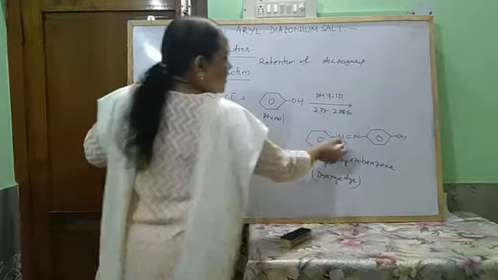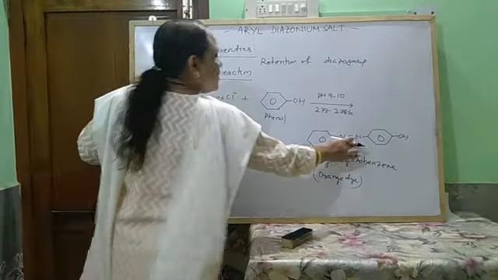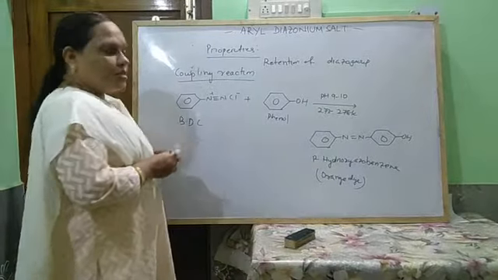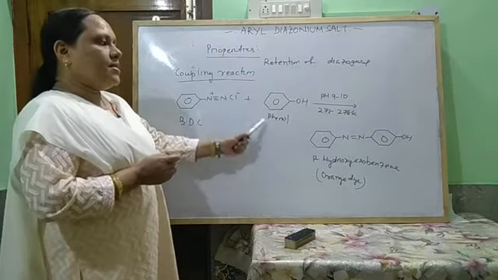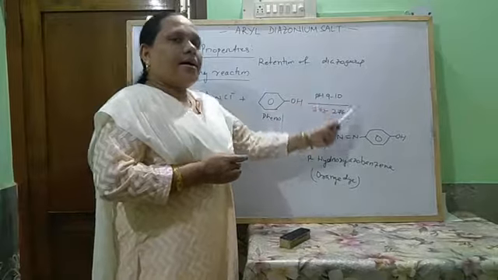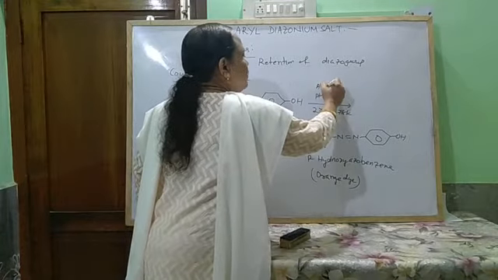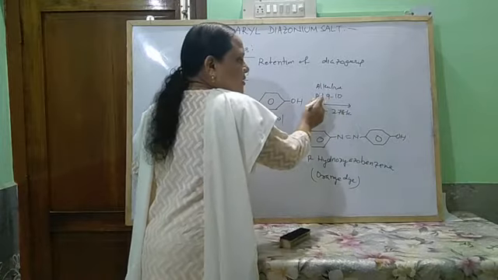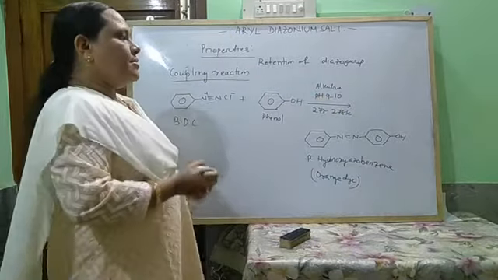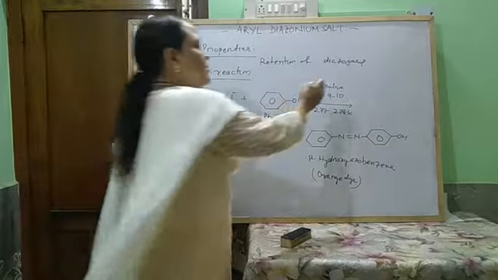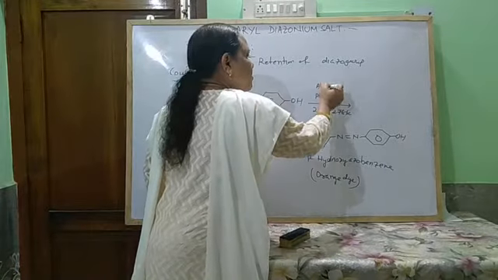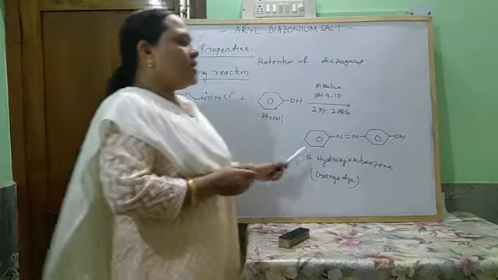So this group is written here. Okay. So when benzene diazonium chloride is treated with phenol in alkaline medium, pH 9 to 10 means alkaline medium. In alkaline medium, it forms para hydroxy azobenzene.